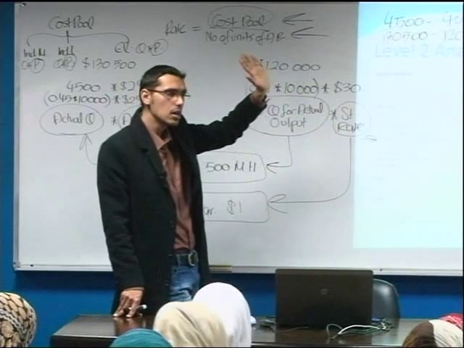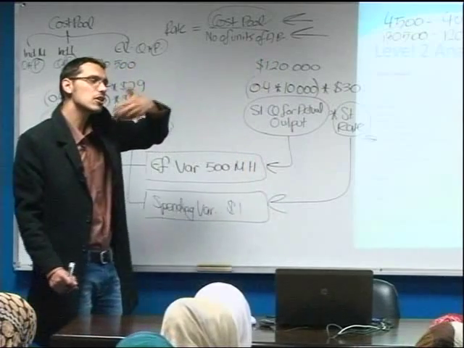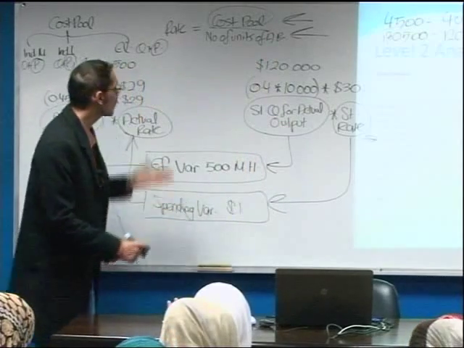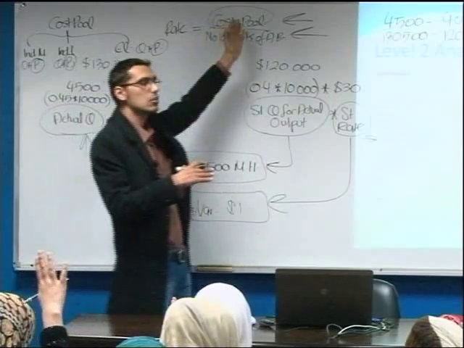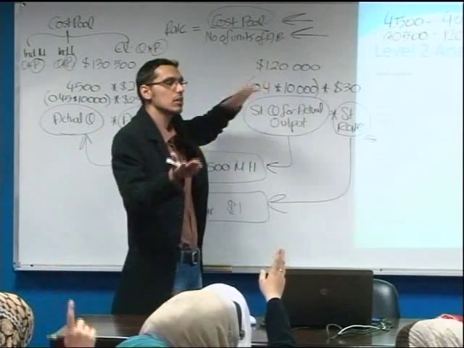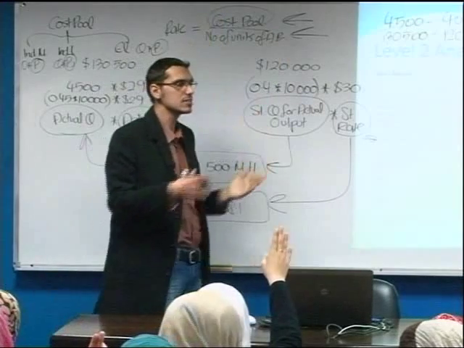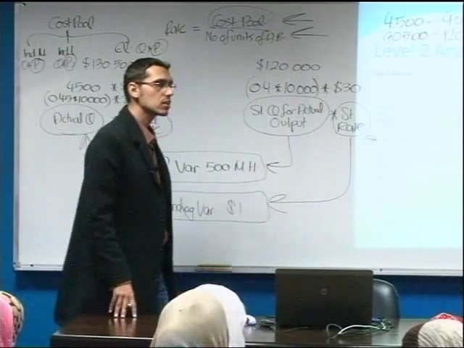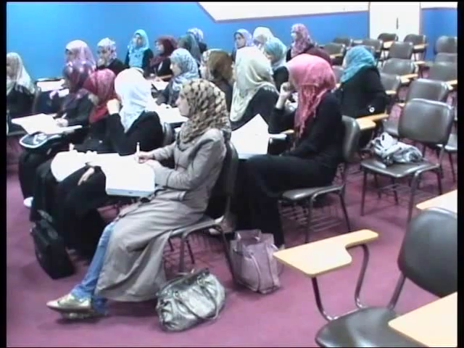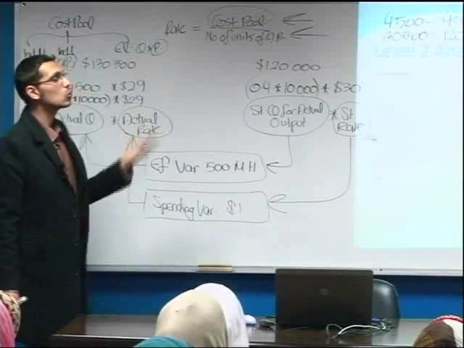The same thing. But now, what would be another cause of the difference between the standard rate and the actual rate? That is because of the cost pool itself. The standard and actual quantity, excellent.